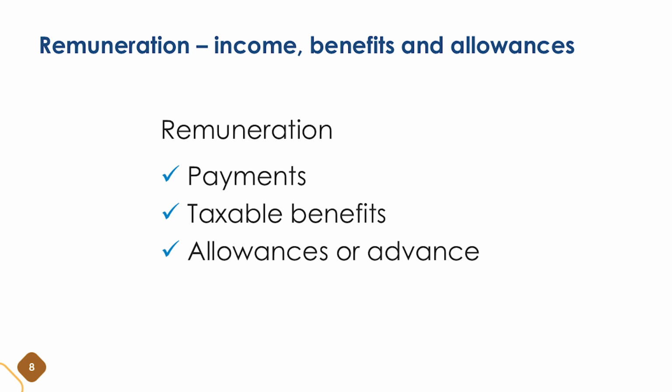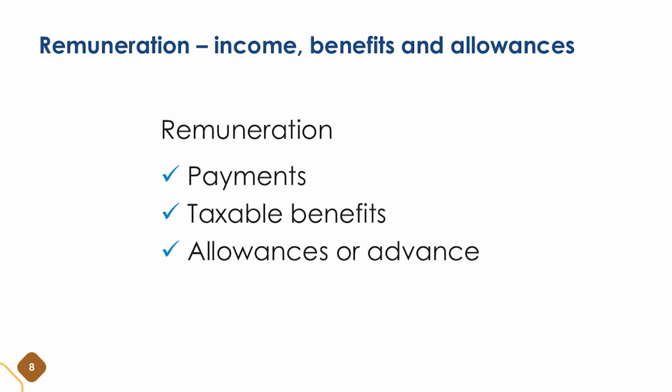An allowance or a reimbursement you give an employee for a personal expense is also taxable. An allowance or an advance is any periodic or lump sum amount paid to an employee on top of salary or wages to help pay for anticipated expenses so they don't have to pay for them out of pocket.